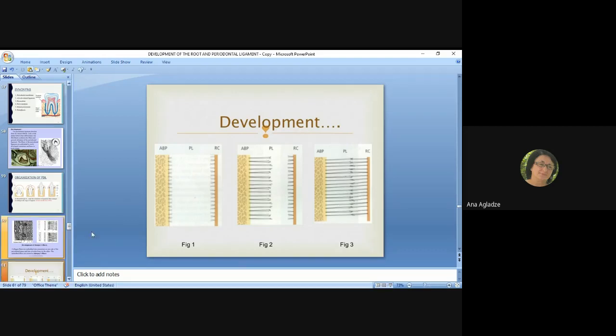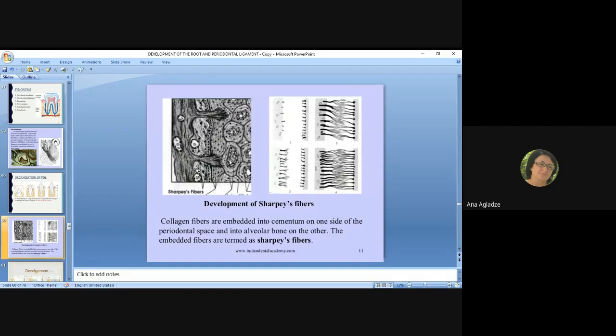Here you can see the development of Sharpey fibers. You can see in this previous picture how these fibers emanate from the alveolar bone and here from cementum, and they then connect in the middle of this periodontal ligament and form the intermediate plexus.